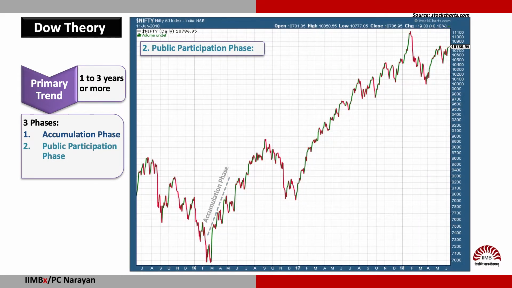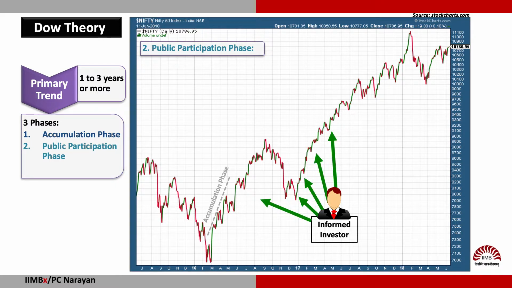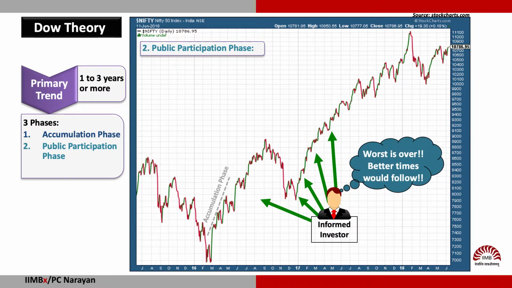Next phase is the public participation phase. Remember, informed investors, as we saw in the accumulation phase, entered the market in the explicit belief that the worst is over and better times would follow.